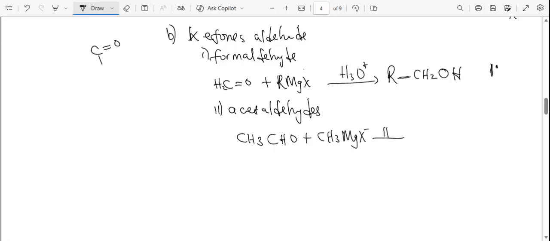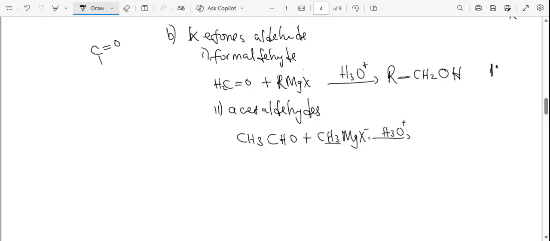Hope you pause the video and try to conclude the reagents and the products. So this is just direct and fast forward. The alkyl group can't attack there. If it attacks here, it will become a ketone, but we need to form an alcohol.